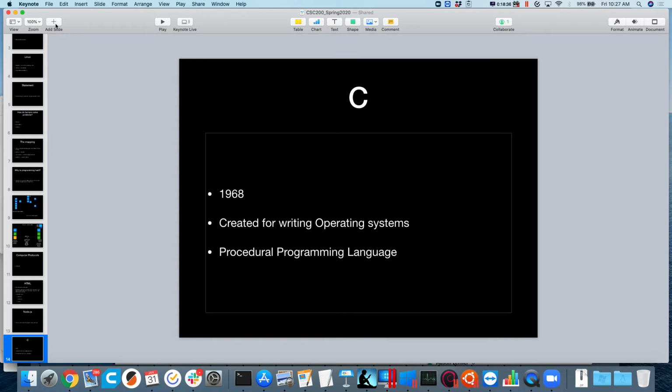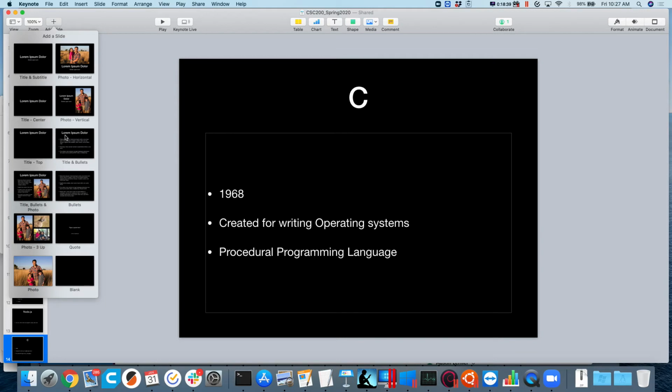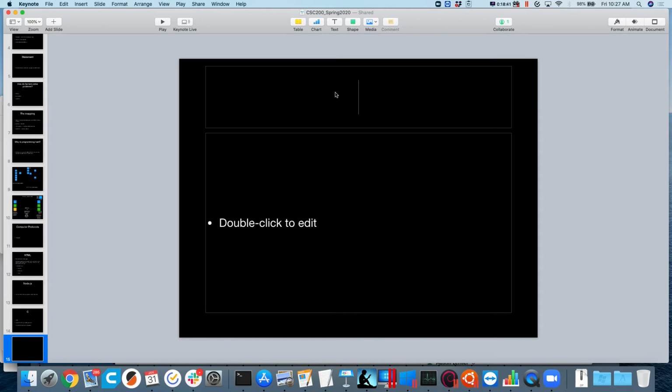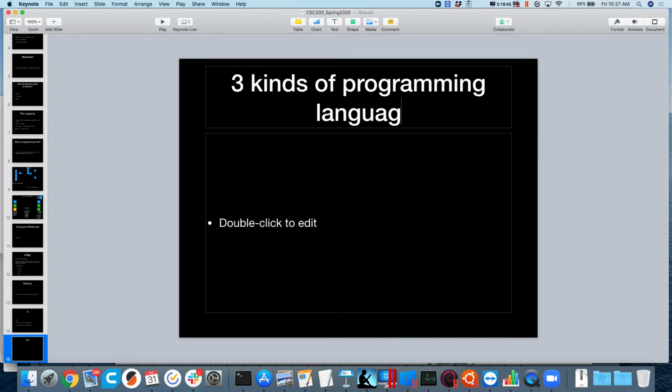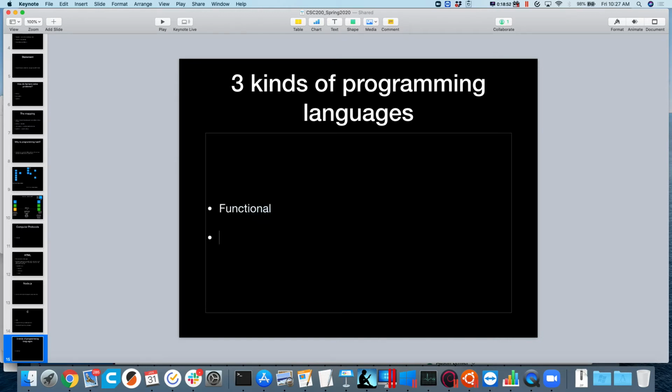Now I'm going to create another slide here. There are 3 kinds of programming languages. And one of them we're going to kind of ignore for right now, so I'll just throw it out there first. We're going to say we have functional languages.